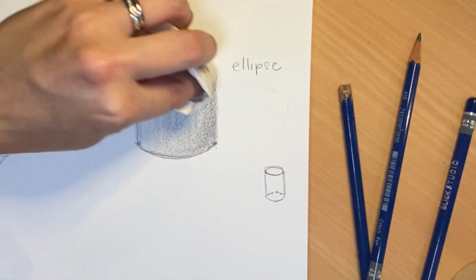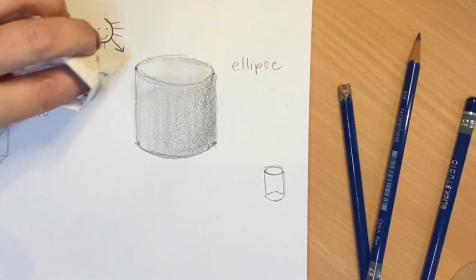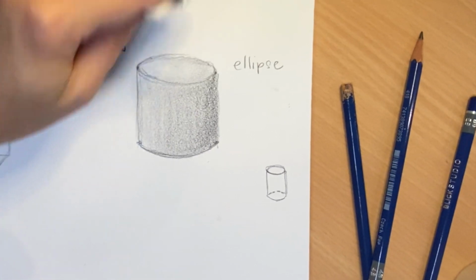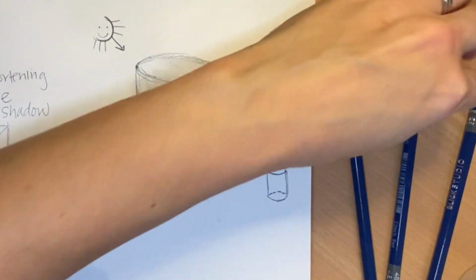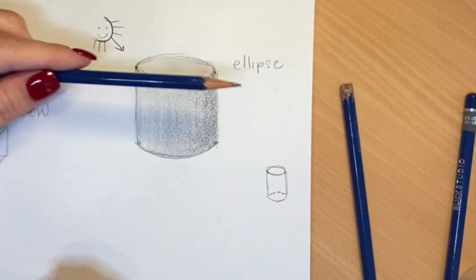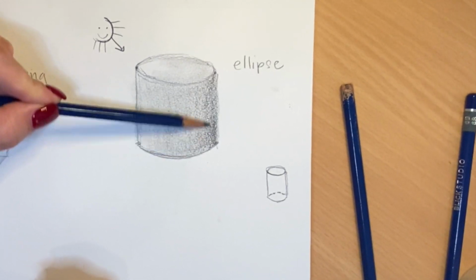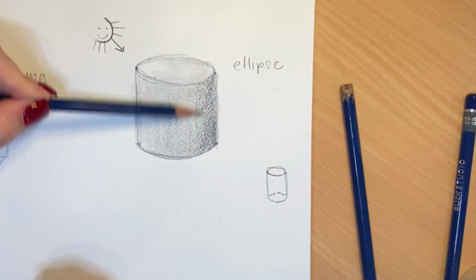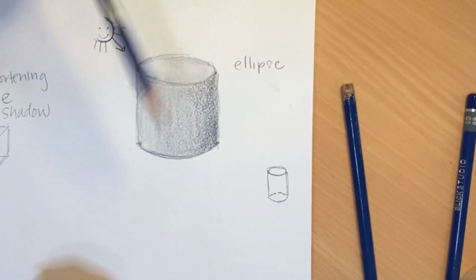I kind of follow the curve of the object since there's light hitting it right here. And if I need to, I'm going to add more, because you can always easily make something darker, but it's harder to remove and erase.